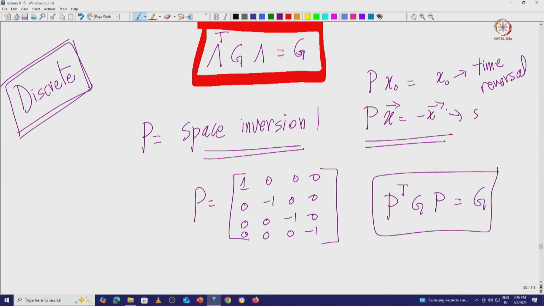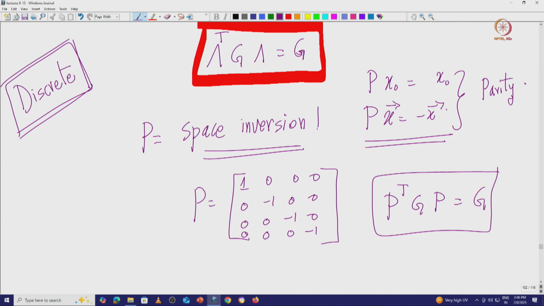this is space inversion. This entire thing is parity, under which the operator P leaves x0 as x0, whereas P of x bar picks up a minus sign, which gives space inversion.